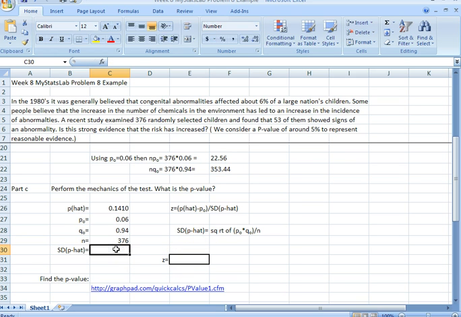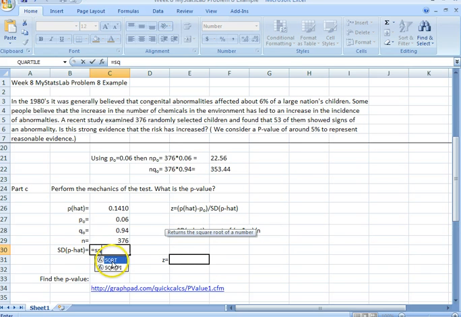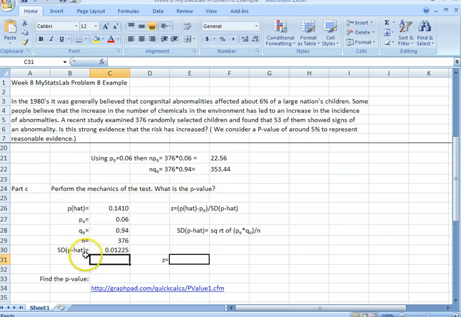In this blank we type equals, square root, with an extra set of parentheses: p0 times q0, close the parentheses, divided by n, close again. Hit enter, and there is our standard deviation at 0.01225.